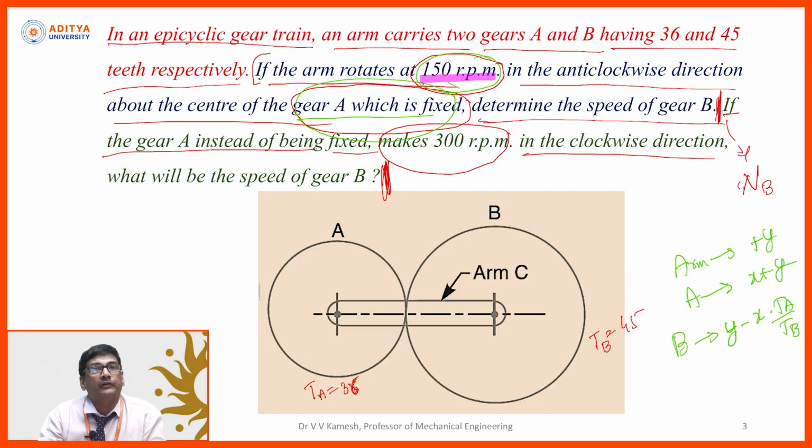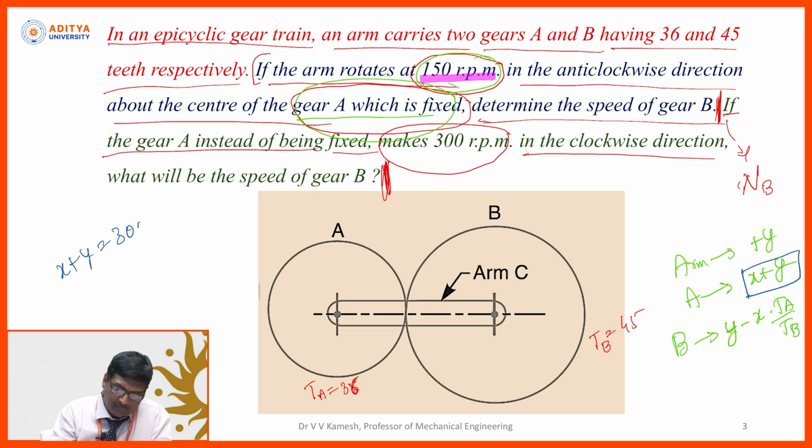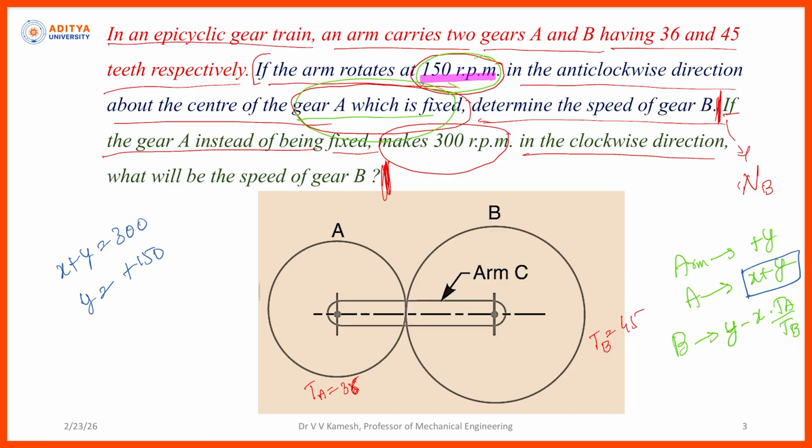If the gear A instead of being fixed makes 300 RPM, so x plus y is equal to 300. So only the condition of gear A is changed. What about the arm? Arm rotates at 150 RPM anti-clockwise, so y is equal to plus 150. So automatically by the equation x will be equal to plus 150.